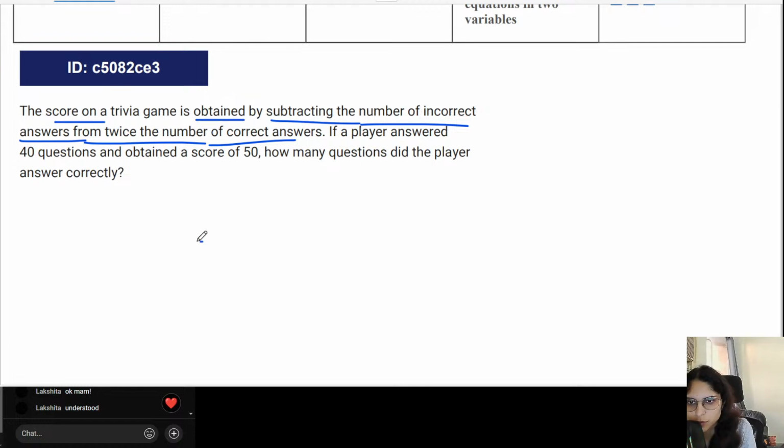So score is equal to twice the number of correct answers, so 2 times correct, minus incorrect answers, so minus incorrect. If a player answered 40 questions and obtained a score of 50, how many questions did the player answer correctly?